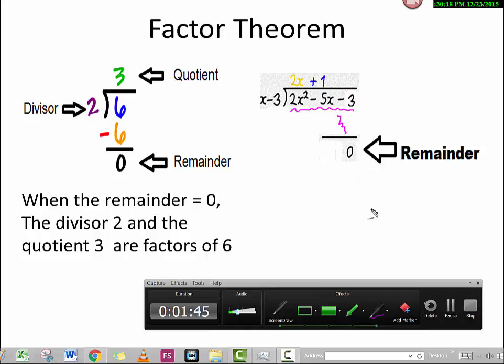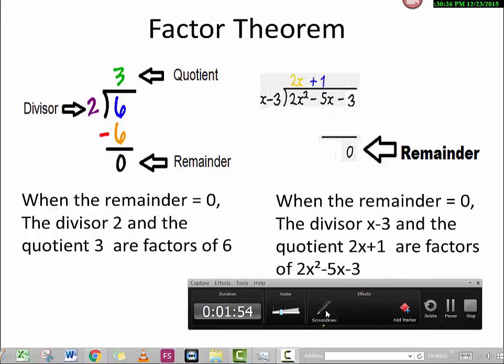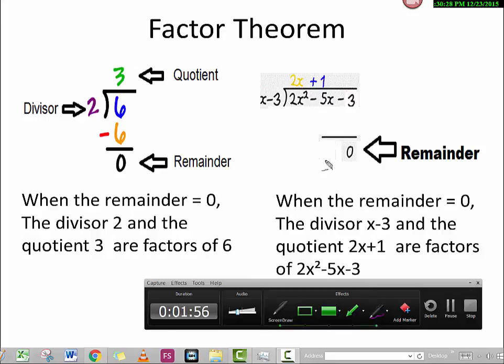As long as the remainder is equal to 0, we know the divisor x minus 3 here and the quotient 2x plus 1 have to be the factors of this quadratic expression. That's what the factor theorem is all about.